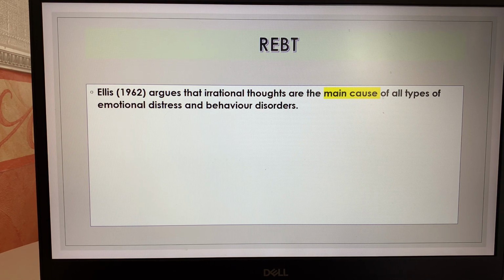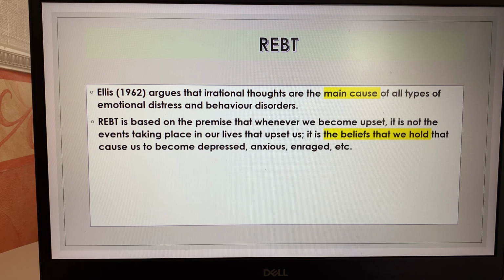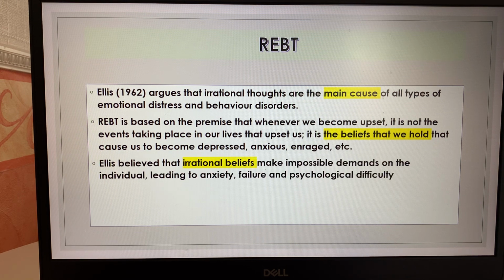So Ellis is arguing that the main cause of all types of distress are irrational thoughts. We've got a common theme here. It's coming up all the time. It's based on the premise that whenever we get upset, it's not the events taking place that upset us, it's the beliefs that we hold that can cause us to become depressed, anxious, enraged.